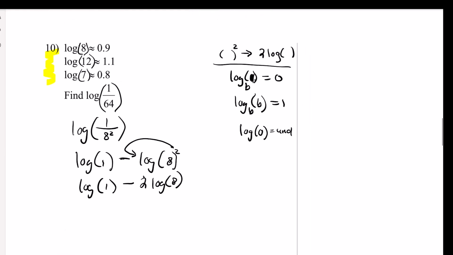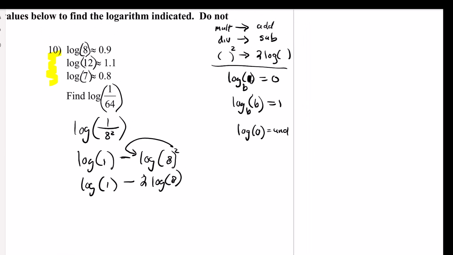All right, so the reason I needed to go over that, look at log of any base of 1 is 0. So right there, we can write that as 0. And then this, that's a subtract sign, and this is 2 times. Well, right up here, we have log 8 is about 0.9. So now we have 0 subtract 2 times 0.9 should be 1.8.